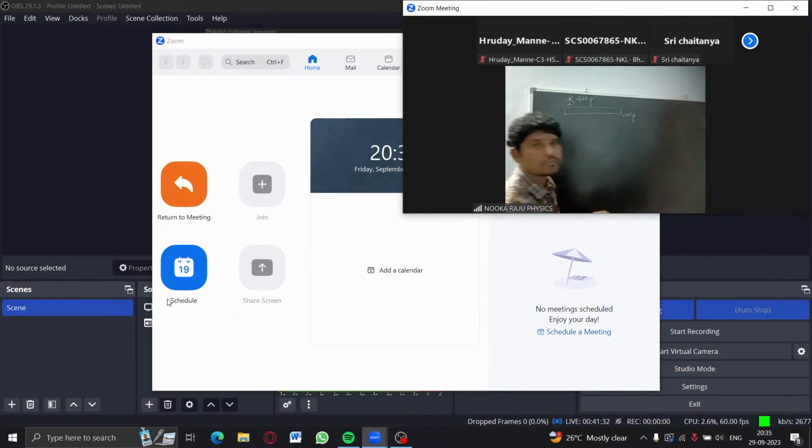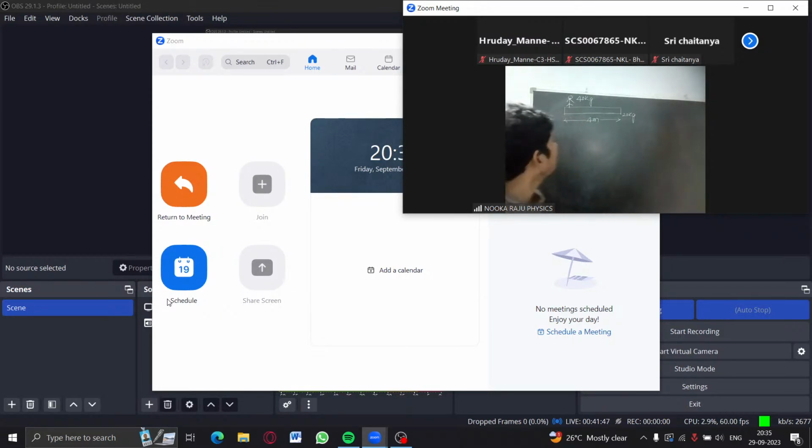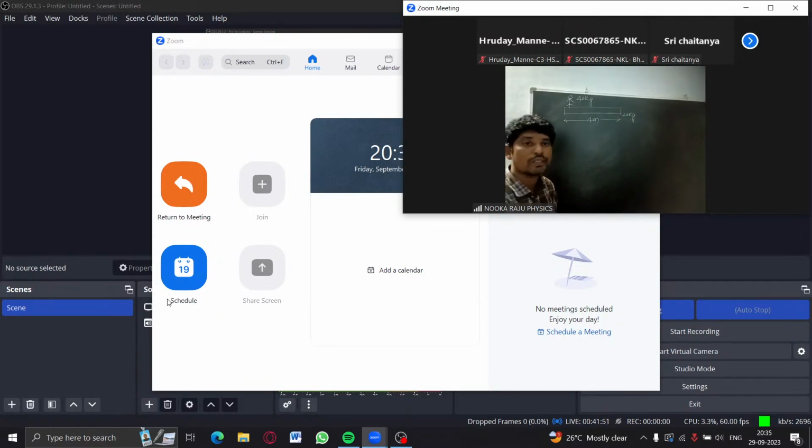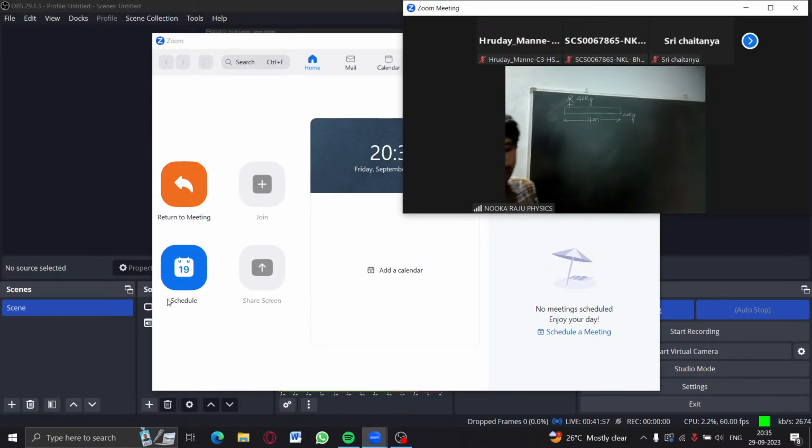The length of the plank I consider as 4 meters, the same as before. So what is given here: the mass of the man is 40 kg, the mass of the plank is 20 kg, and the length of the plank is 4 meters. Here a boy travels from one end to the other end.